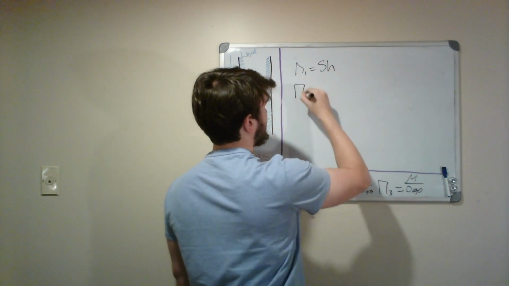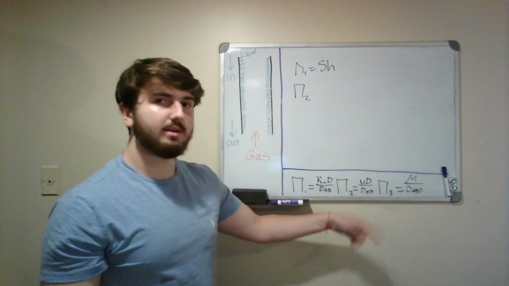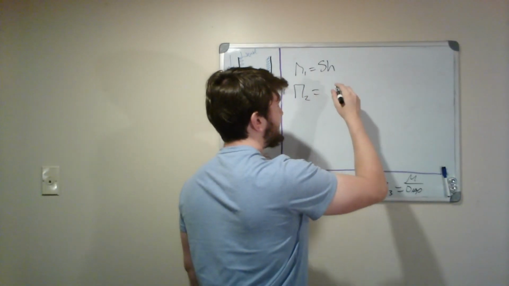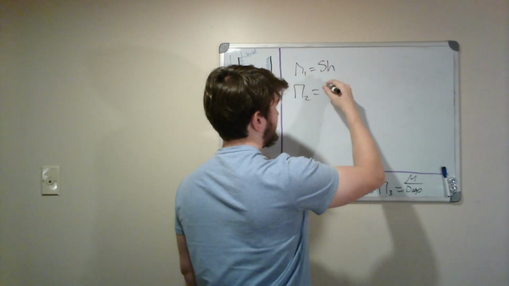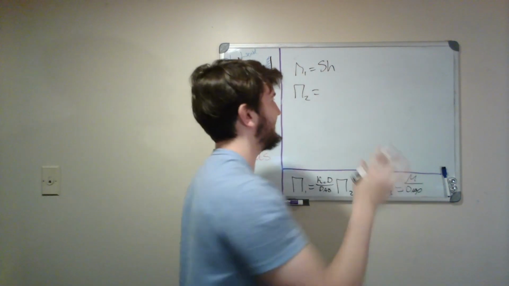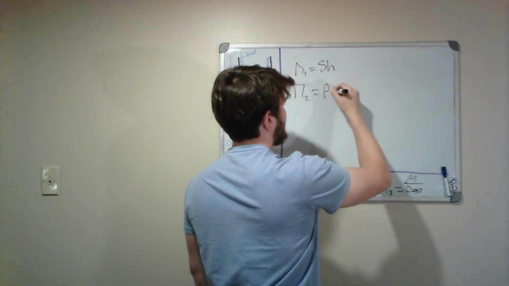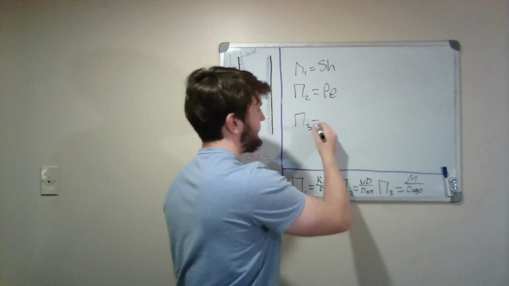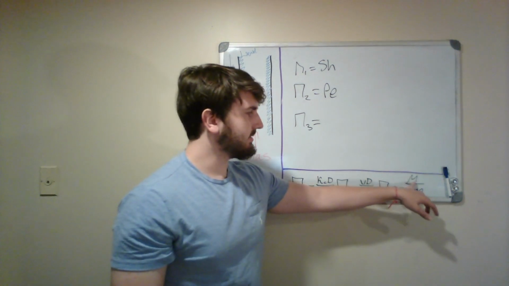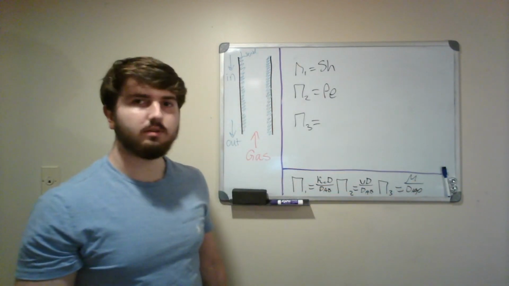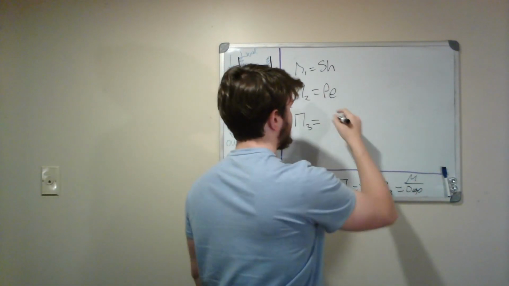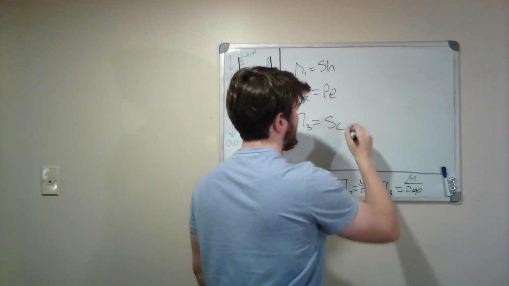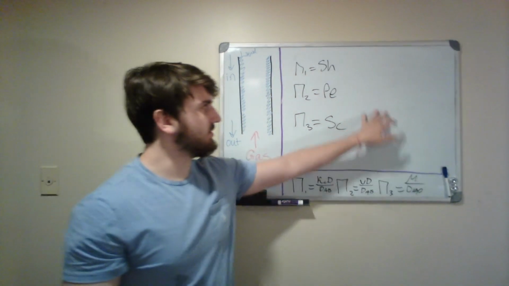Pi2, which is the velocity times the diameter over the diffusion coefficient, is called the Peclet number. The Peclet number, not Pecklid, which we'll write as that. And pi3, which is that viscosity over the diffusion coefficient times the density, all on the bottom there, is called the Schmidt number. These have names to them all.